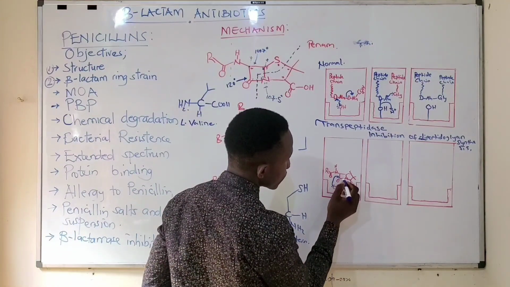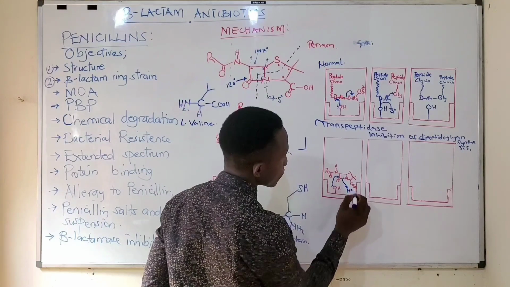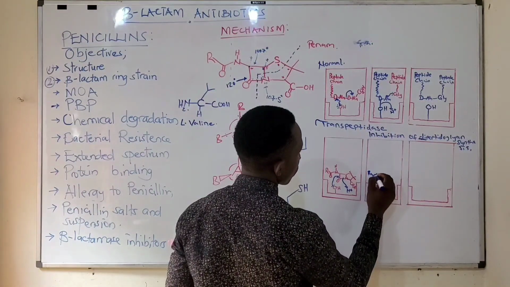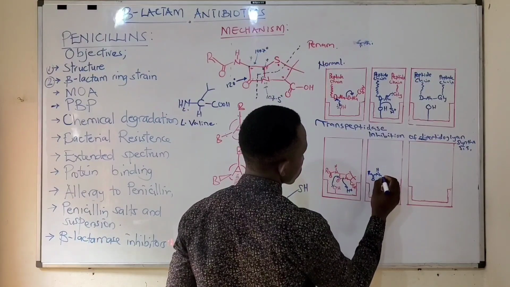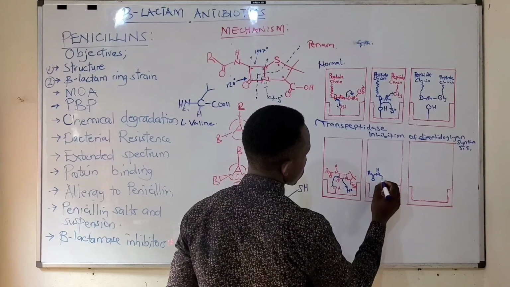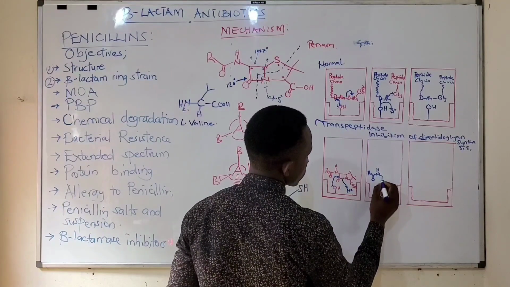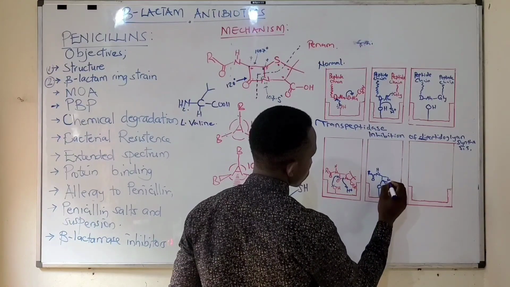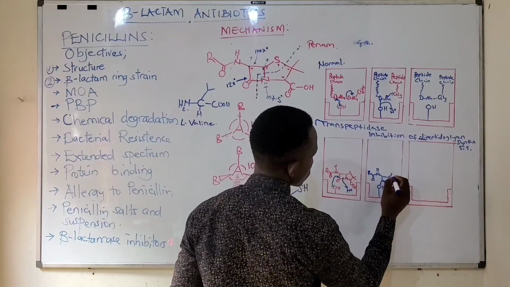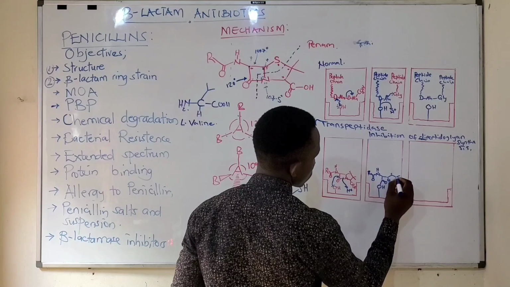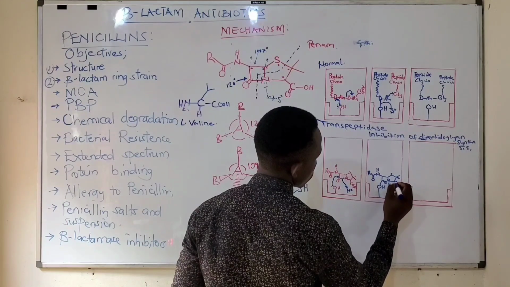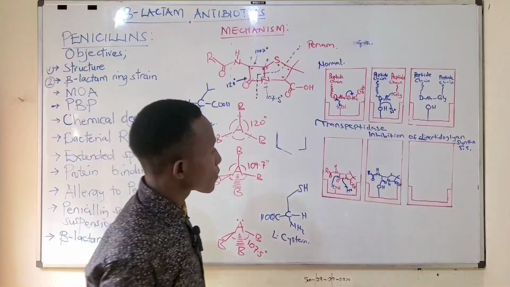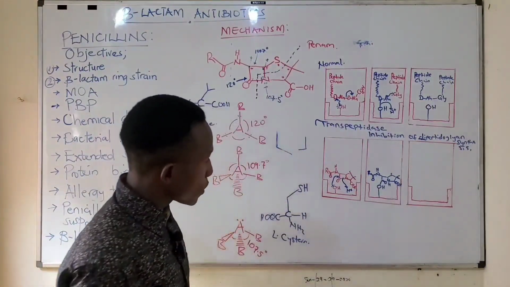As this bond breaks, we use these lone pairs to attack the proton, meaning that we shall have now R. We shall have that the penicillin is bonded to the binding site, but the ring has been broken.